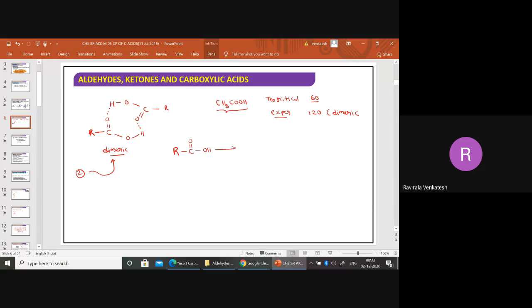When it is releasing H plus, we get R C double bond O minus and H plus. If this reaction takes place, then you can call this one acid.